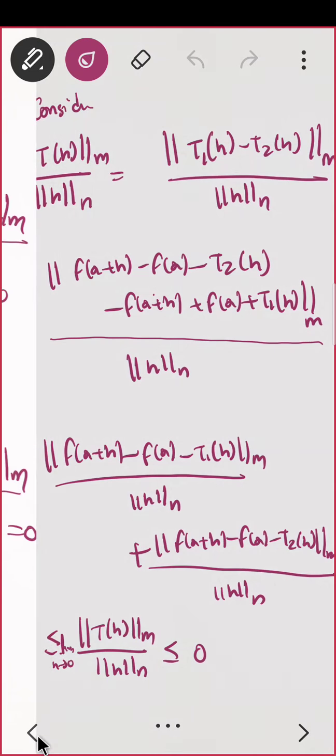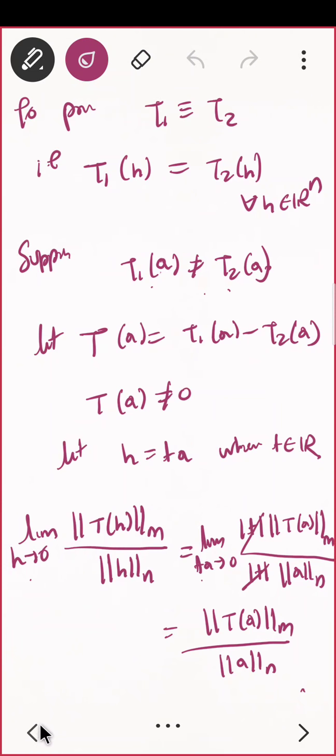See, now I'll tell you what I did at the start. From here, do you see that this limit, this is norm of T of a upon norm a, so the value of this limit is a constant and it is non-zero, because T of a I am considering non-zero. Correct? So this limit is non-zero from here. You can put equation 1.